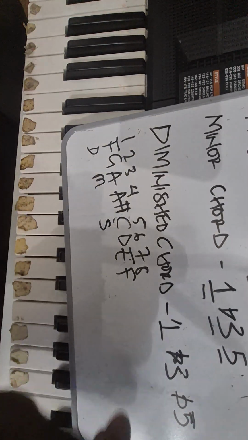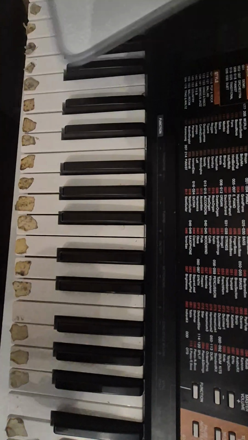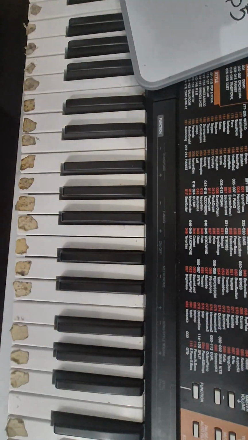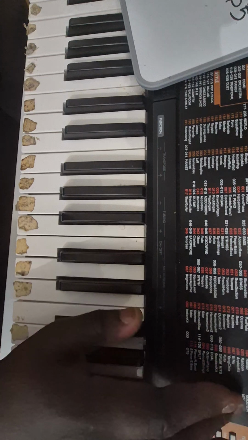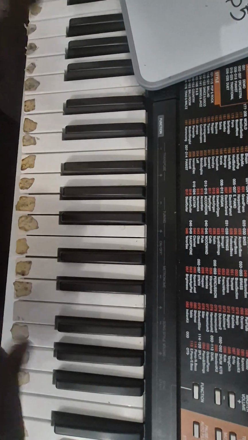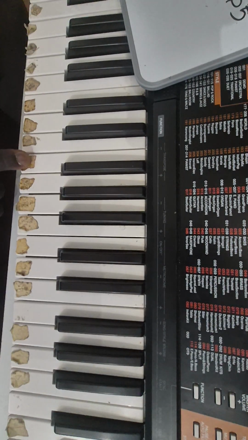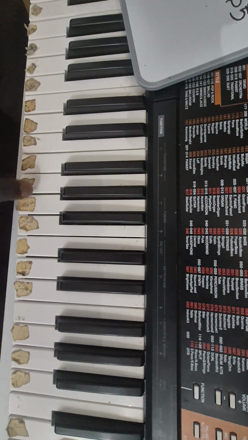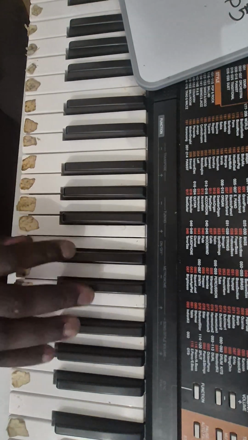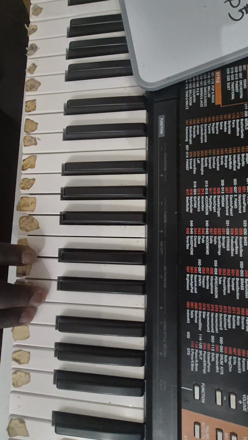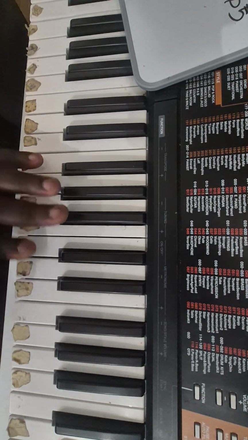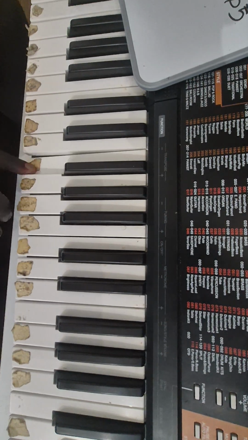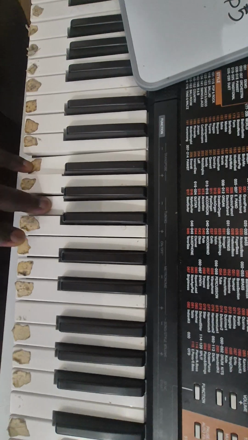That's the major. In the case of key F, once again we look at the scale: 1, 2, 3, 4, 5, 6, 7, 8. All we need to do is pick our 1, 3, and 5.